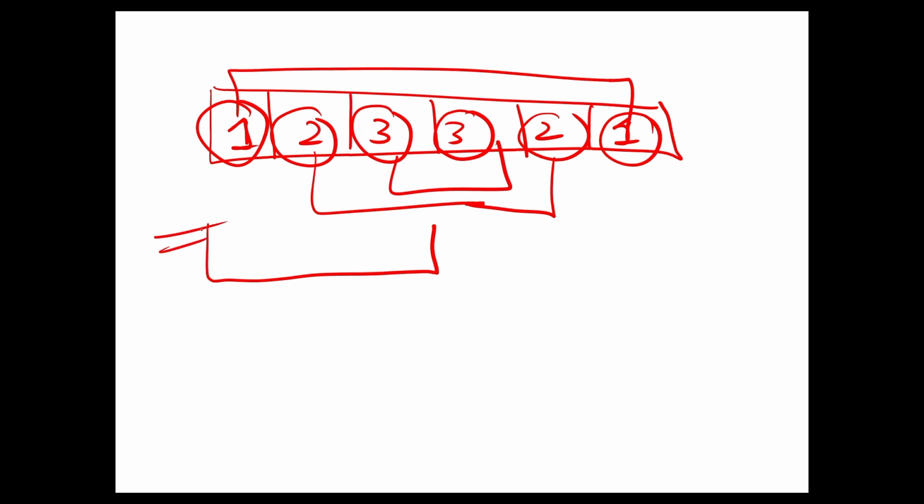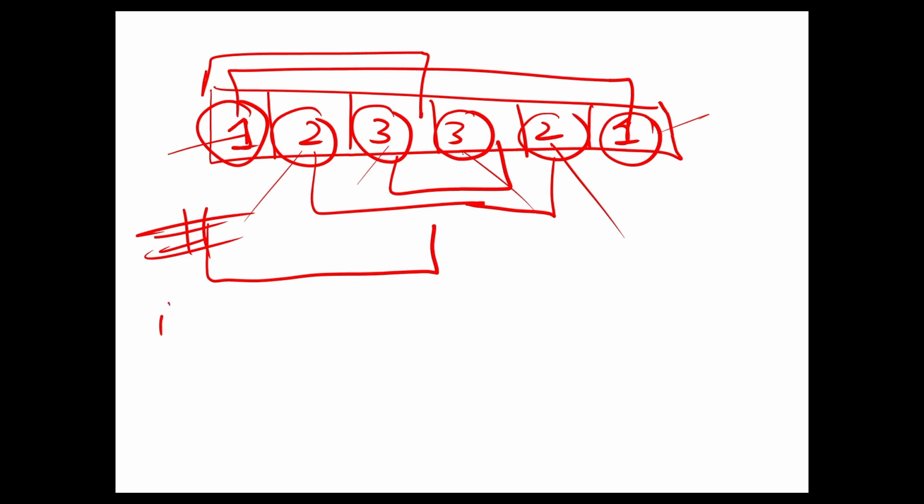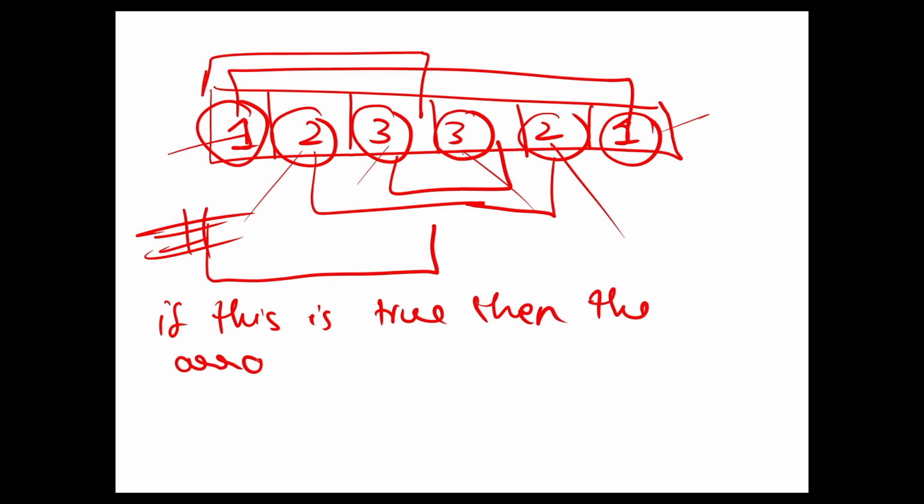Till half of the array, we will check that the first element is equal to the last element, the second element is equal to the second last element, then the third element from the beginning is equal to the third last element. If this is true, then the array is palindrome.